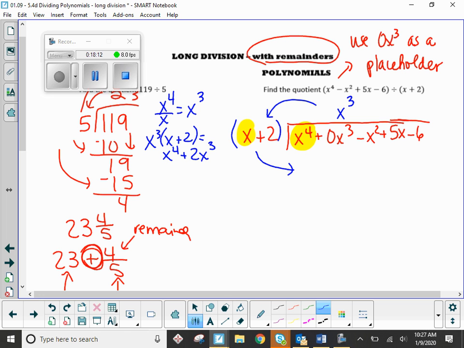Our lesson from yesterday, dividing by just one term, uses all of it. So that is x to the 4th plus 2x cubed. See, that's why we needed the 0x cubed there. So we have something to match with the x cubes that we're going to get. And what do we do with both of those things? Subtract. Both of them.